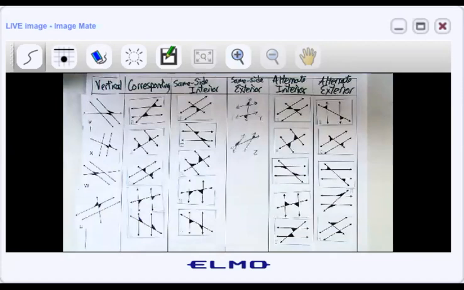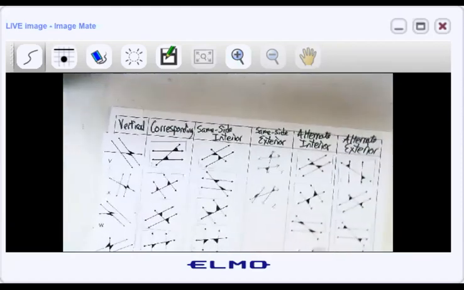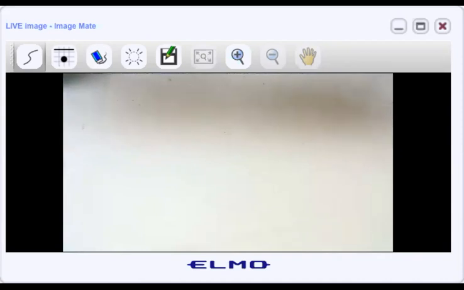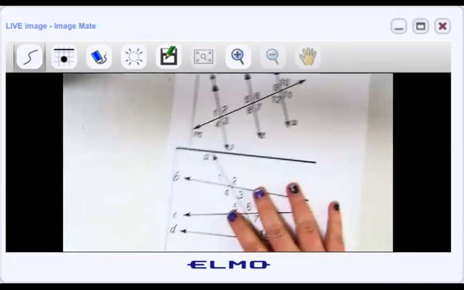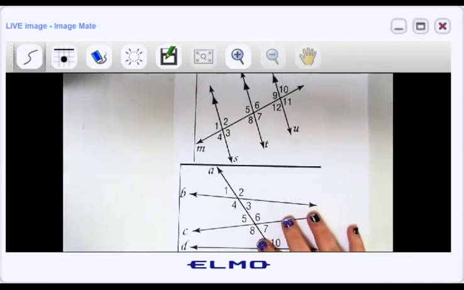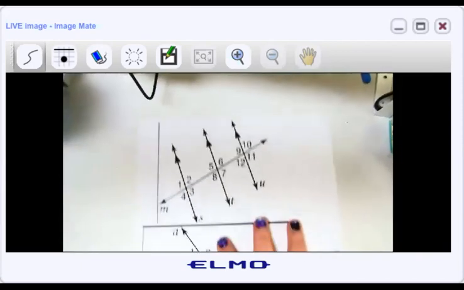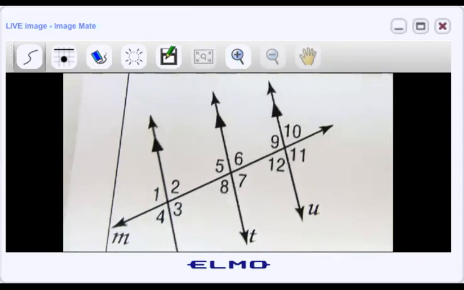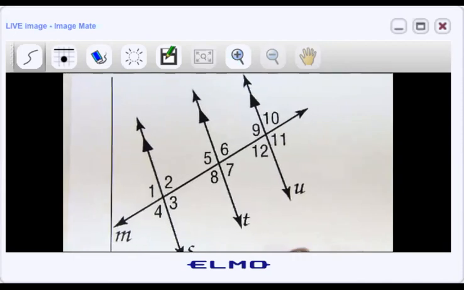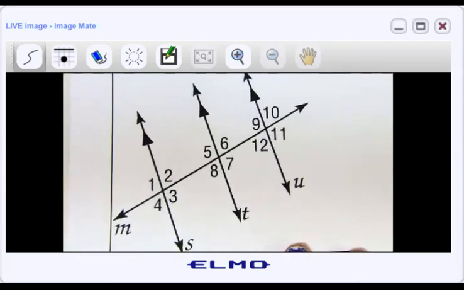What I want to do now is step it up a notch and try diagrams that are a bit more difficult because they're not all as easy as these. So I printed out some diagrams and I thought maybe I could use markers to indicate two angle pairs and you tell me the relationship between these two.